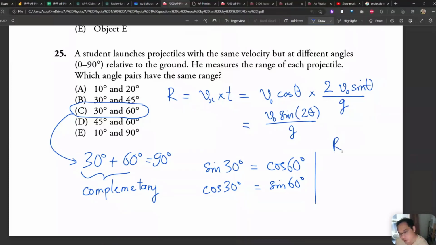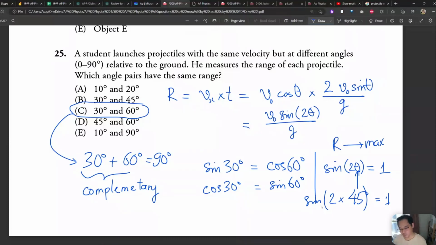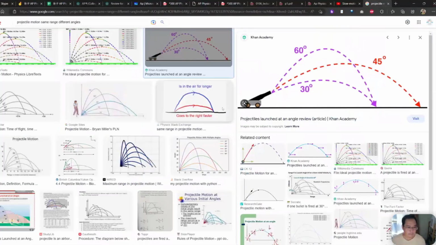R is maximum when sine of 2 theta is 1, which happens when the angle is 45 degrees, because 2 times 45 degrees is 90 degrees and its sine is 1.